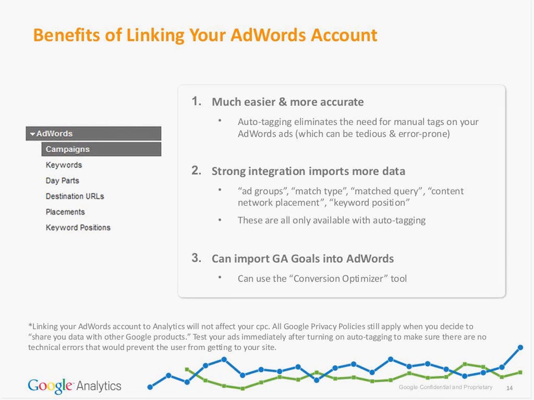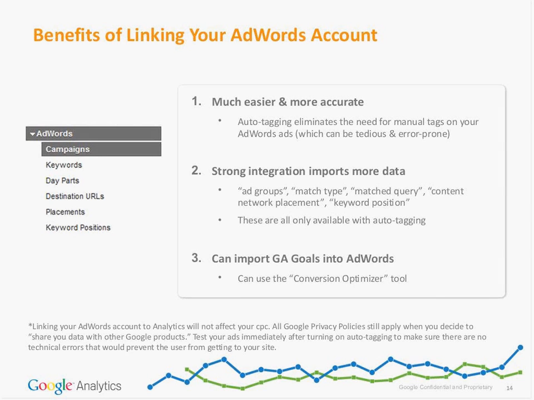So, a quick call out to the benefits of linking your AdWords account. There is a special AdWords section within the analytics report suite that works generally if you manually tag your ads, but not with the depth that you can get from an AdWords integration. There is a very strong integration that comes just with AdWords, such as the ability to get ad group information, match type of the keyword, the specific content network placement, even keyword position information.